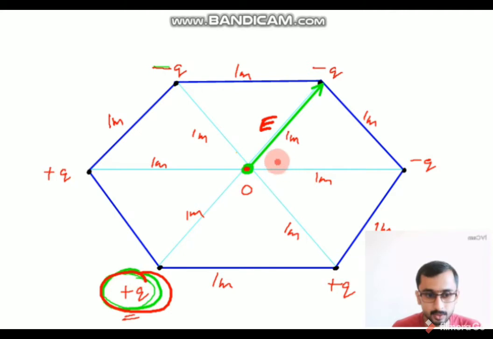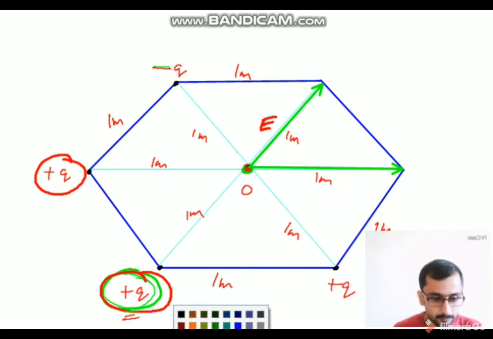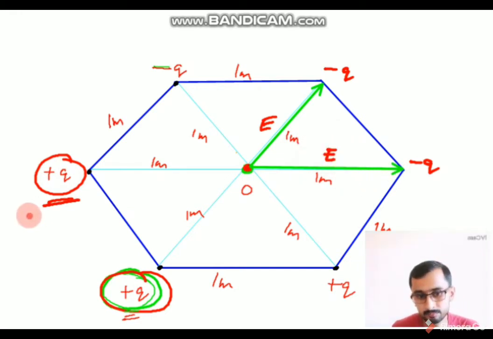Similarly, due to this charge, the direction of electric field will be along this direction, no? Sorry, here you have minus q, this is also minus q. Anyhow, due to this charge, electric field at this particular point will be along this direction, and again the magnitude is the same.